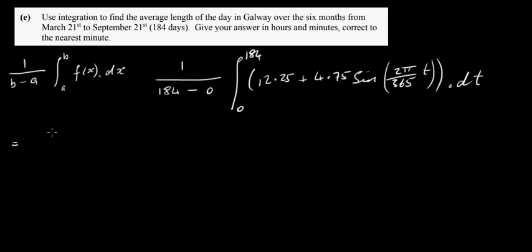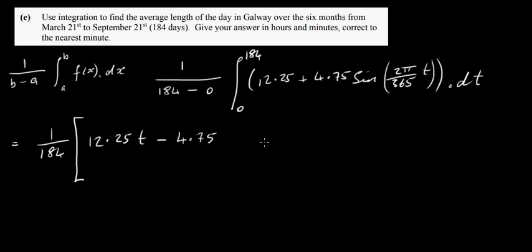Okay, so let's start. So we've got 1 over 184 anyway. Let's integrate this. Integrate 12.25, you get 12.25 times t. Now integrate, this is a sine function here. So integrate sine, you get minus cos, so it's going to be minus 4.75.